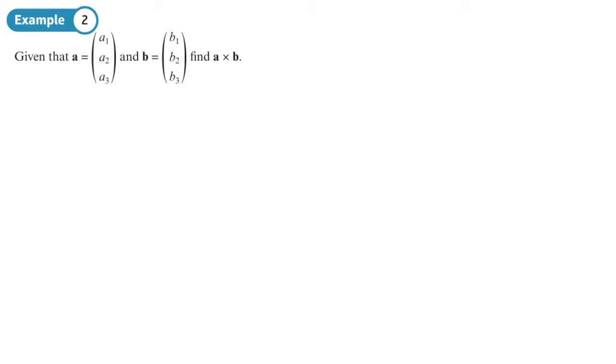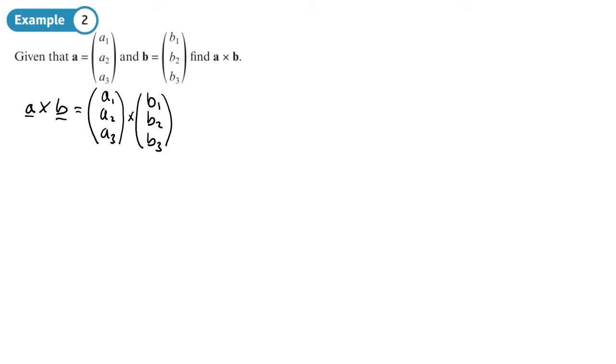Okay, this example is almost going to be proving another way of finding the cross product. So we actually want to do a cross b, and that will be a1, a2, a3 cross b1, b2, b3.